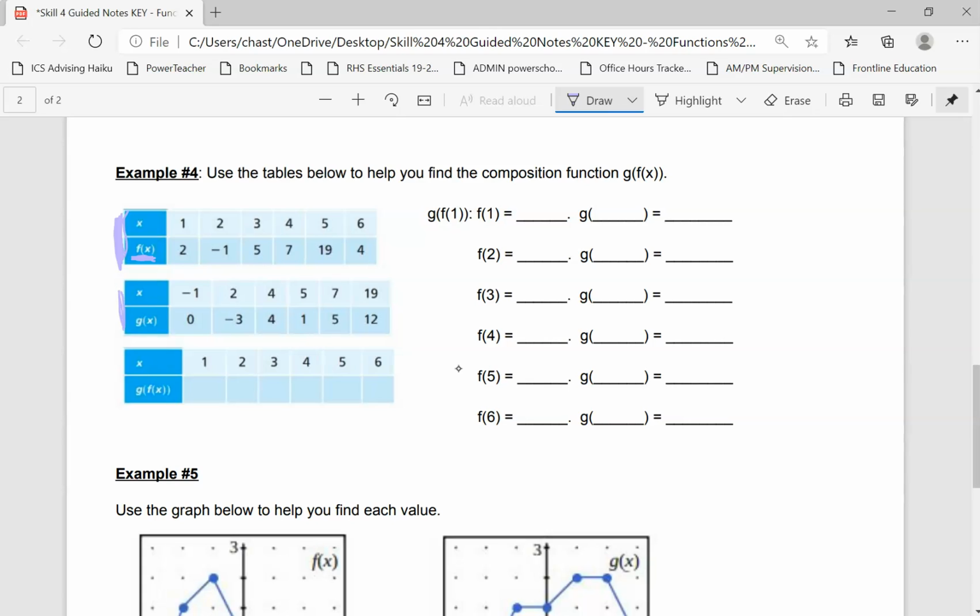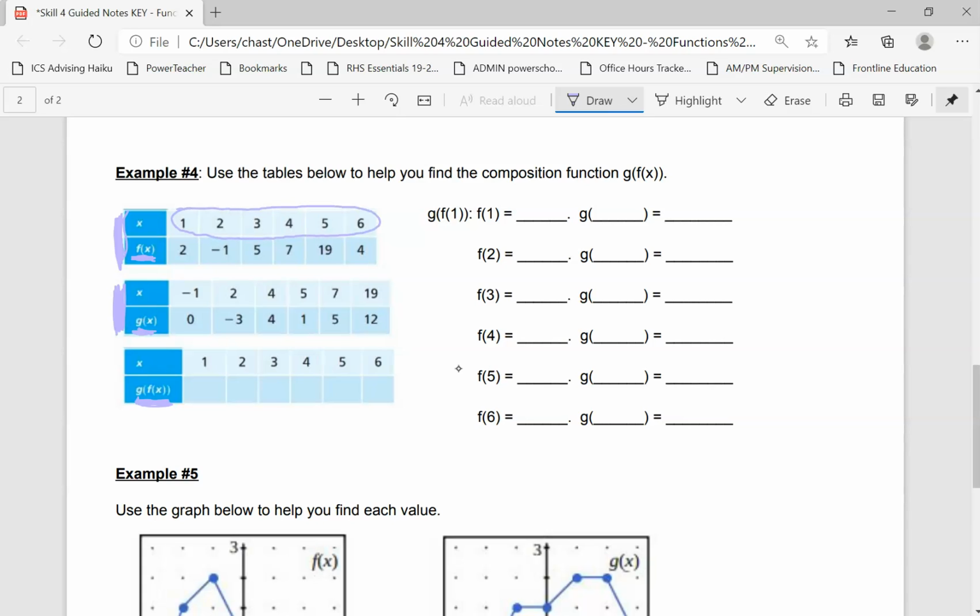The next function down here is our g of x function. So here's our function. Again, the inputs are on the top, outputs are on the bottom. And we want to come up with the values for g of f of x. Okay? So we're taking our f of x values, so these values up here.